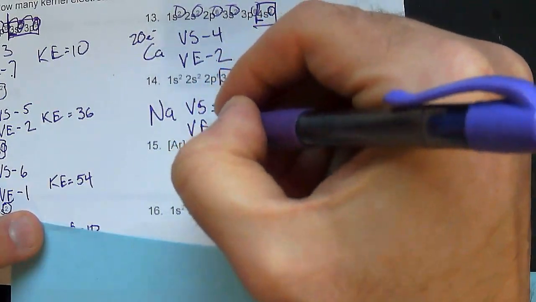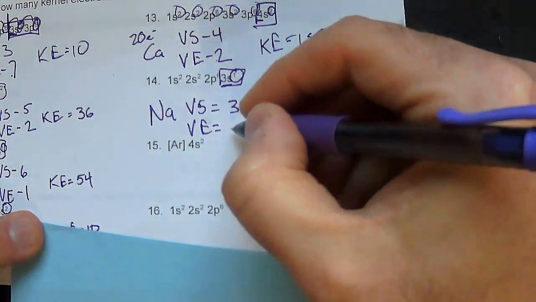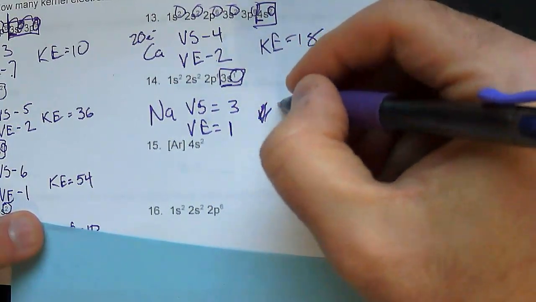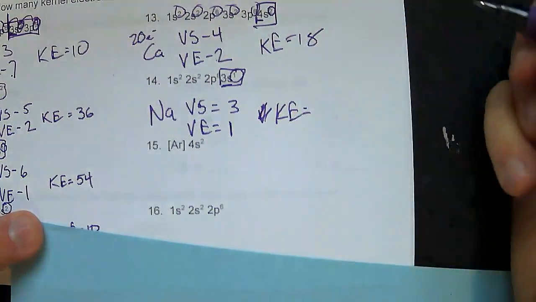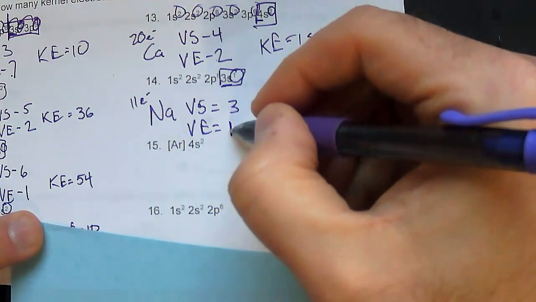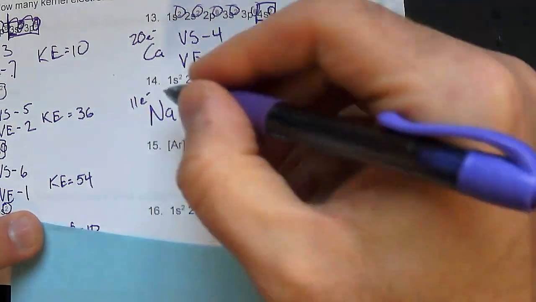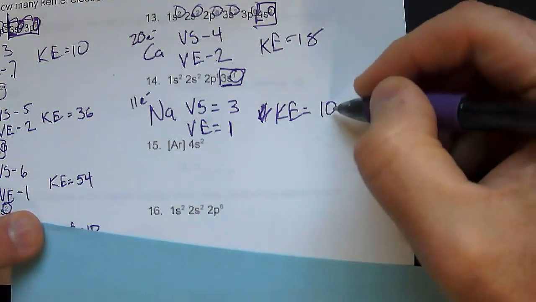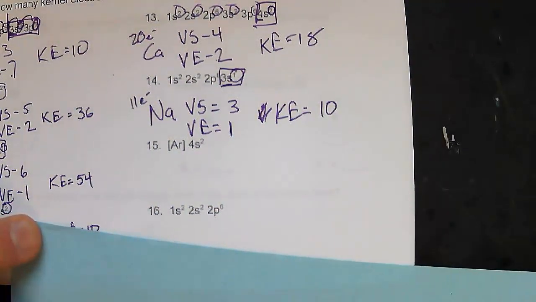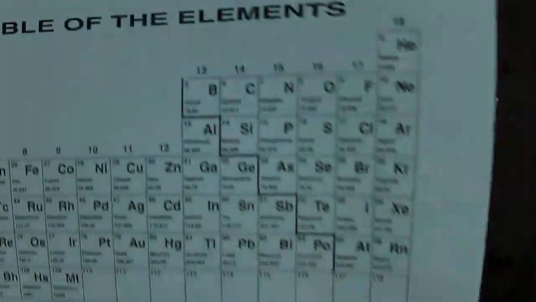The valence electrons, how many electrons are in that shell? That's going to be 1. And the kernel, or the core electrons, is all the other ones. So if you know this has 11 electrons, 1 of them is valence, so the rest, 10 of them, are kernel. Okay.